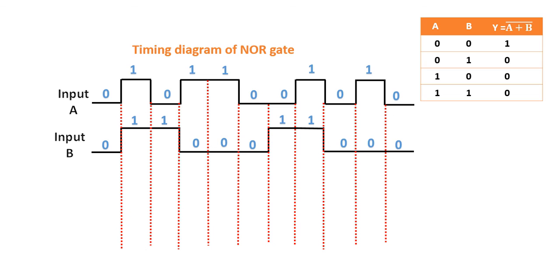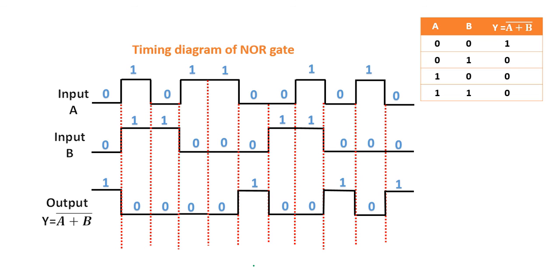On the basis of the truth table, we can prepare the graphical representation of our output. Our output will look like this. I will explain it here. You can see when both inputs A and B are 0, the output is high. Compare it to our truth table: when both A and B are 0, the output is high.